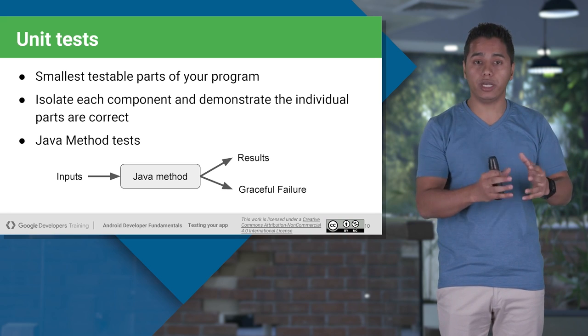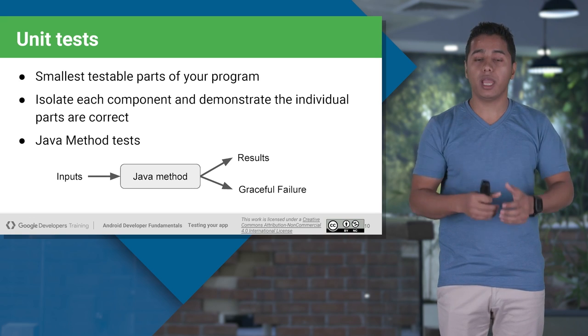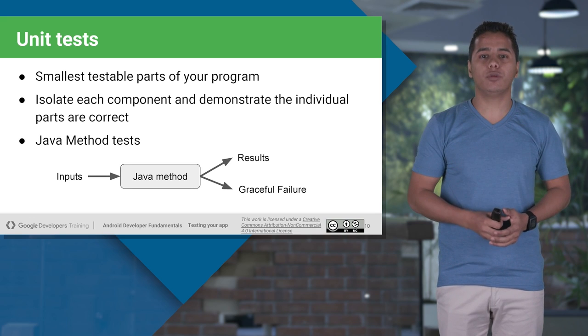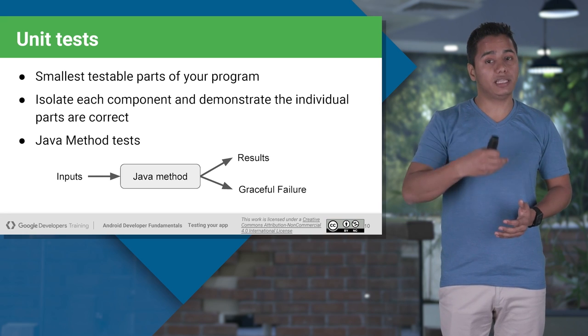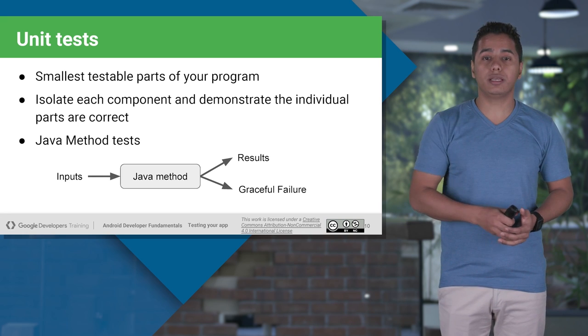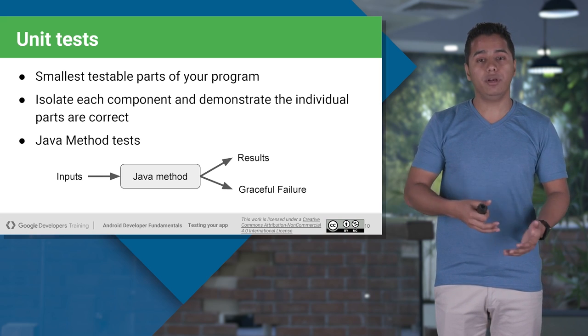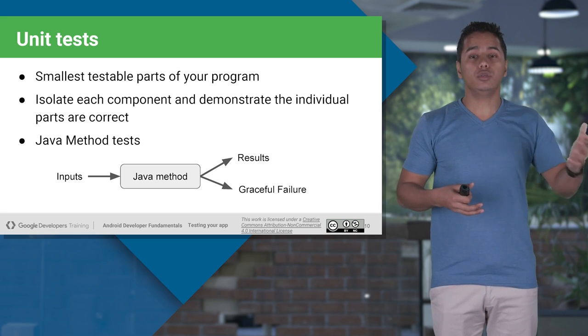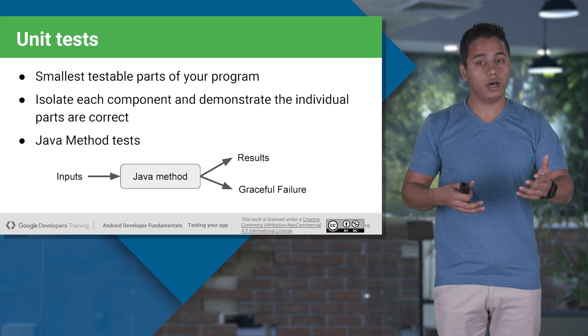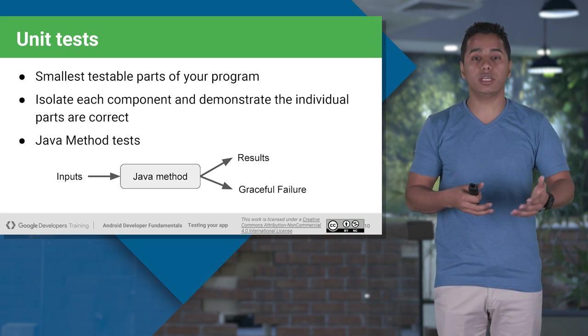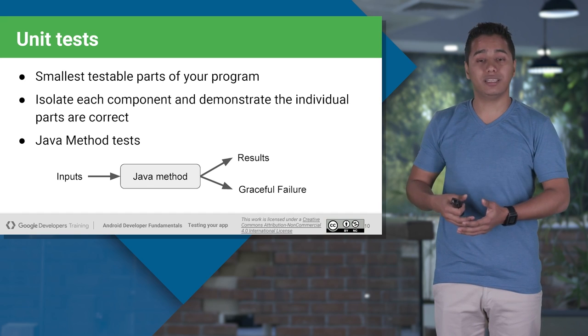Each component unit will get the inputs, and there will be a result, and there will be a graceful failure. Now, don't think that at the very first try you will pass the test. There will be errors, there will be failures. Every time you get a failure, you have to change the inputs. You have to keep on trying to change the inputs and get the expected result.